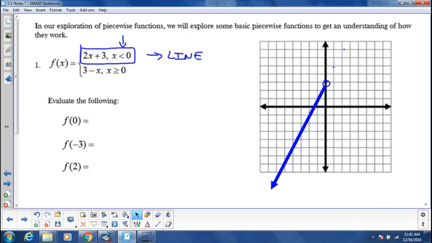Now I've got to go to the second piece. The second piece is this one. What kind of a function is that? Quadratic? 3 minus x? What kind of a function is 3 minus x? A line. It's a line again, right?